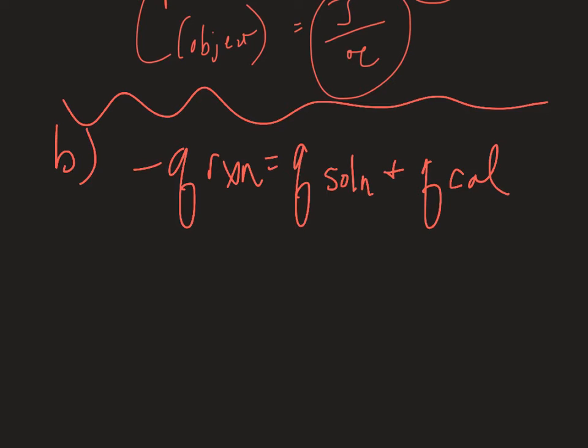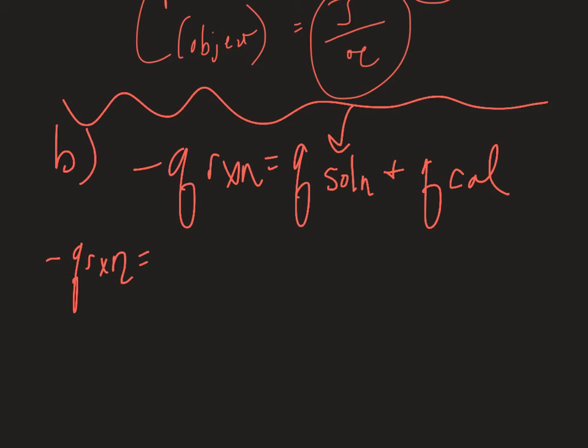And like I said, most problems on the AP exam would eliminate the calorimeter part that we just did, and you'd either be given that value or it would simply be ignored. So what we're doing now is determining what our Q reaction is, by incorporating the calorimeter data from above as well as the Q solution data. So minus Q reaction is our unknown.